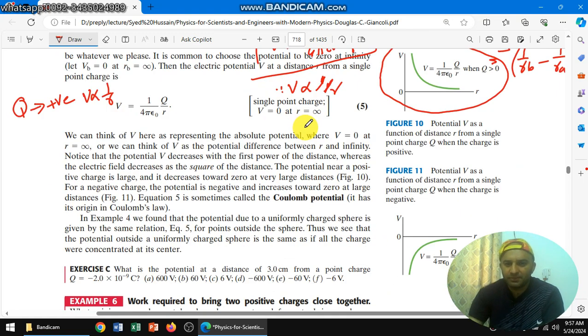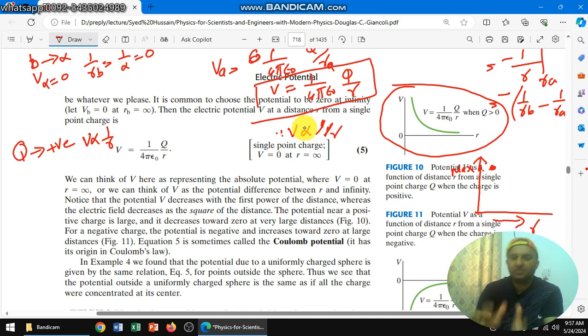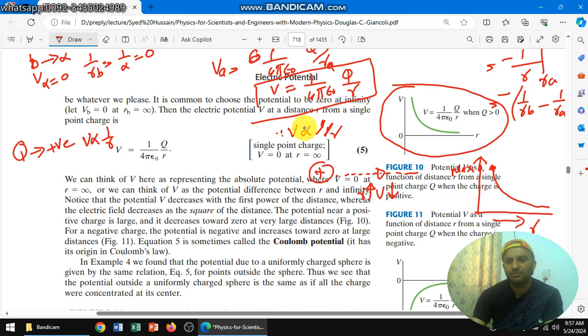If you draw the graph between potential and the distance R, near the charge the potential is maximum, but as we increase the distance R, the potential decreases. It's inversely proportional, meaning the potential decreases as we move away from the point charge, because as R increases, the potential V decreases.